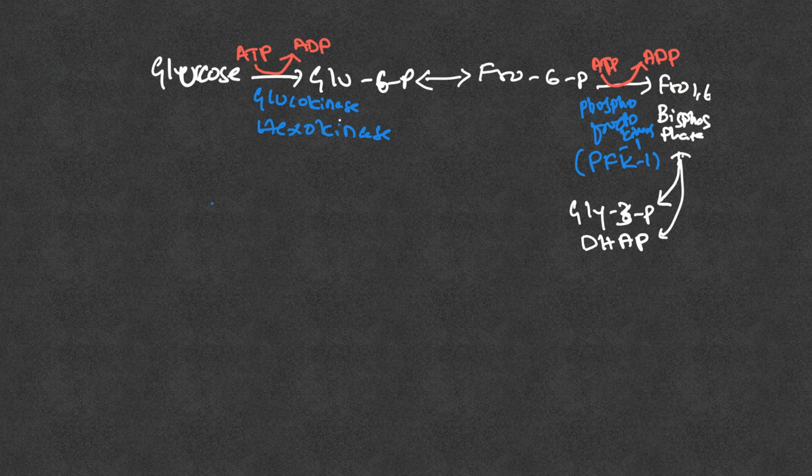These are two molecules coming out of fructose 1,6 bisphosphate, and this particular reaction is catalyzed by an enzyme called aldolase, which belongs to the lyase class of enzymes. Not really that important, but it is an example for lyase enzymes. So I'll write it here: aldolase enzyme is a lyase class of enzyme.